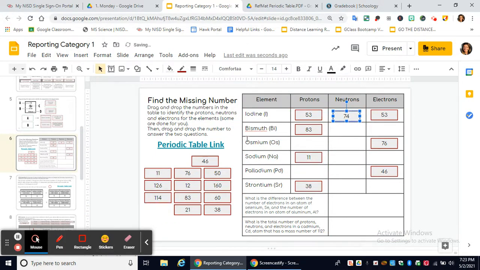Okay, now we're going to look at bismuth and do the same thing. Right away, my number of protons always equals my number of electrons in a neutral atom. So we can say we have 83 electrons as well. So let's find bismuth and calculate our number of neutrons.